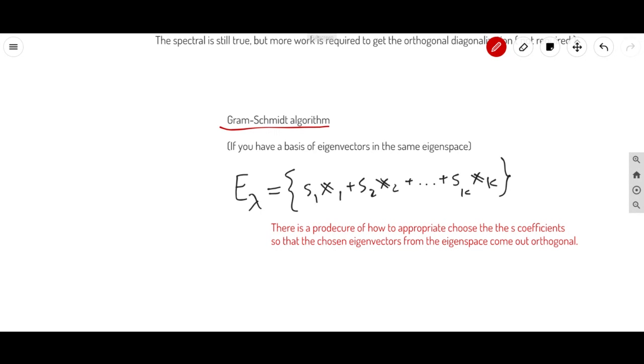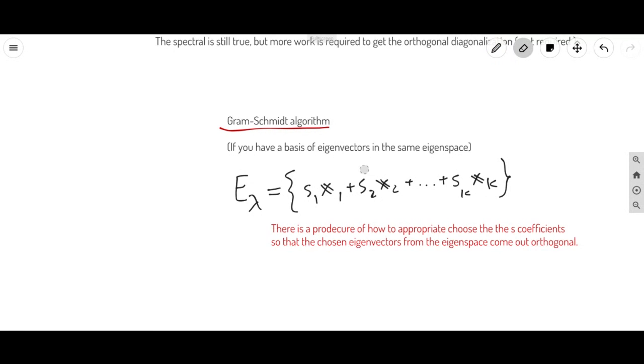You're not going to be responsible for this because it's just more tedious computational work. In practice, you just have a computer do it for you, because asking a question like that on the exam would be way too tedious, since finding the orthogonal decomposition is already tedious enough. And if you have repeated eigenvalues, then you have to do even more work to make sure that you're choosing the coefficients in such a way that the eigenvectors come out perpendicular.